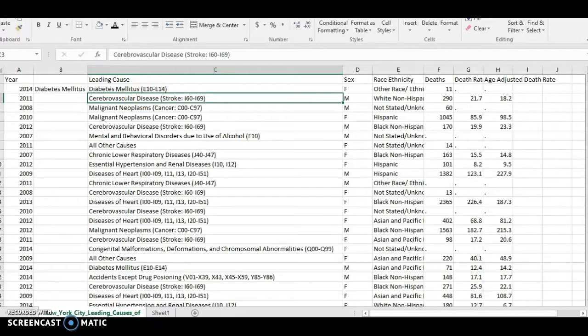I encountered two major problems during the stage of data preparation. The first problem is how to extract a portion of data from a string of text. For example, in this case, I only need diabetes mellitus instead of this entire text, which includes the code.